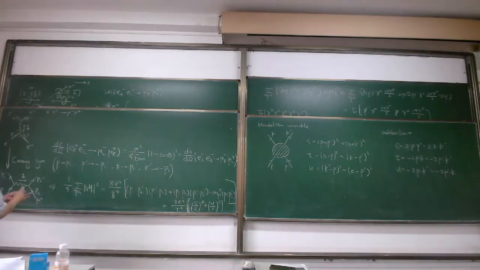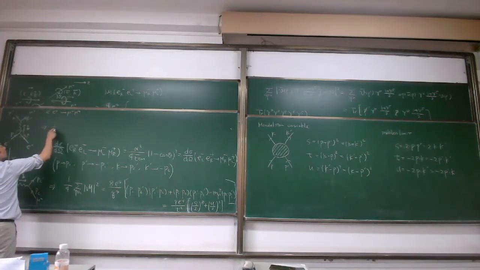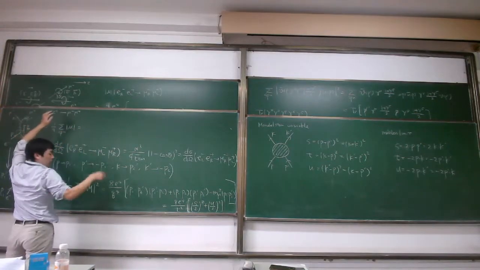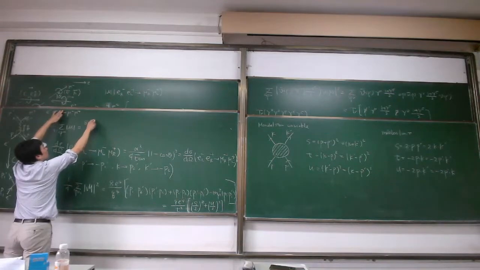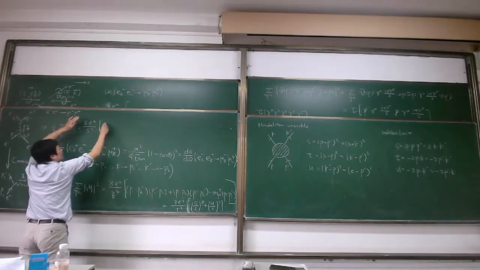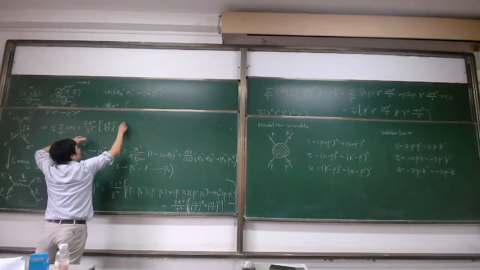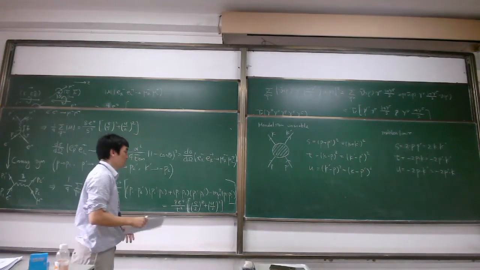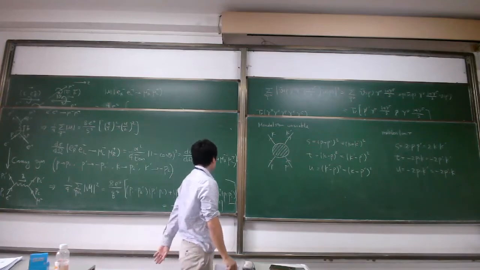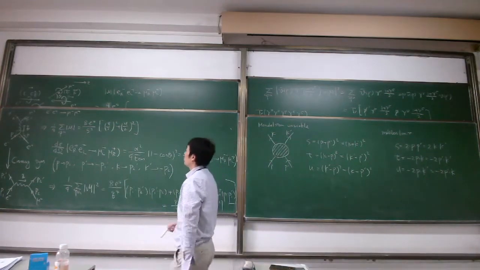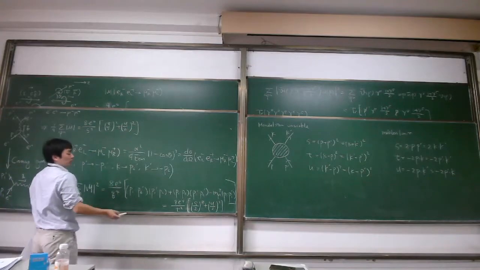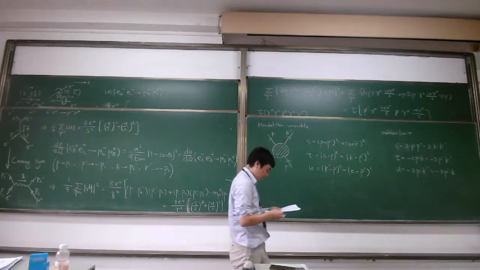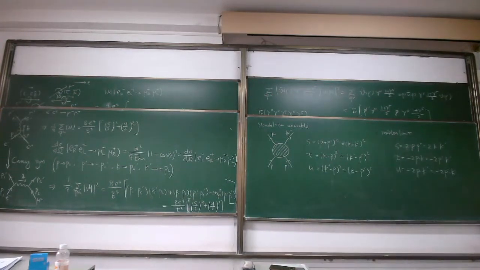So this will give you, so you swap S and T. So this is the crossing symmetry. So essentially, move from one to the other, you just exchange S and T. Okay, that's the crossing symmetry.